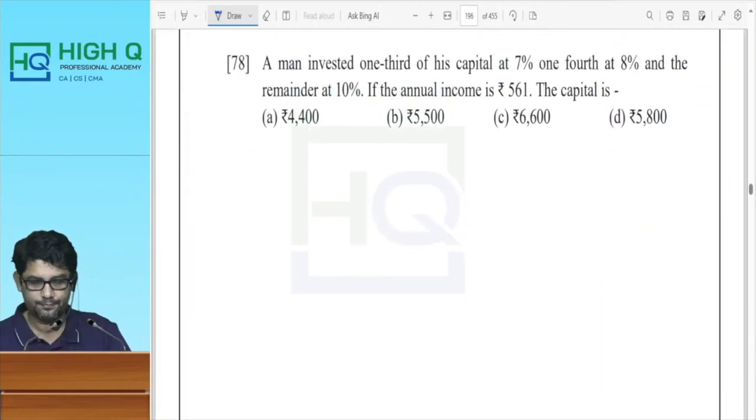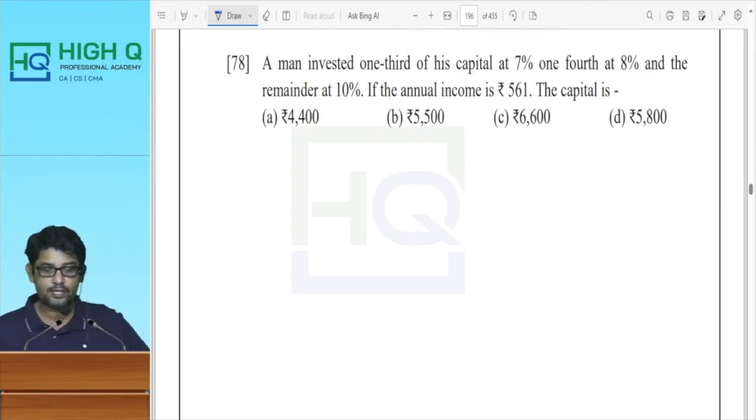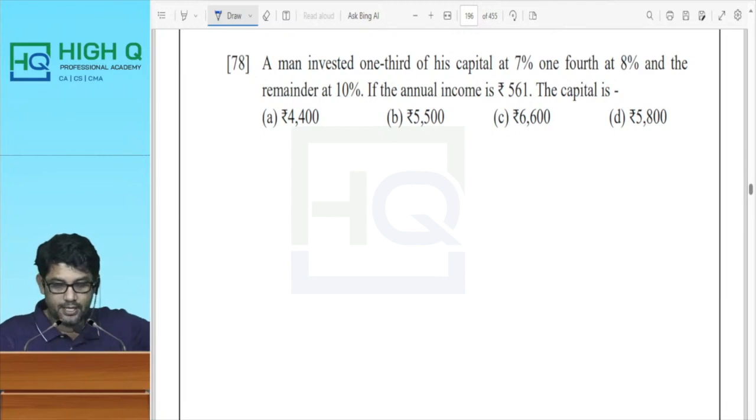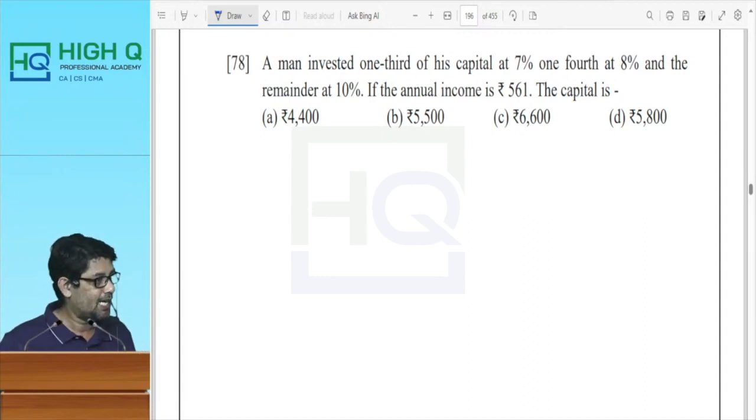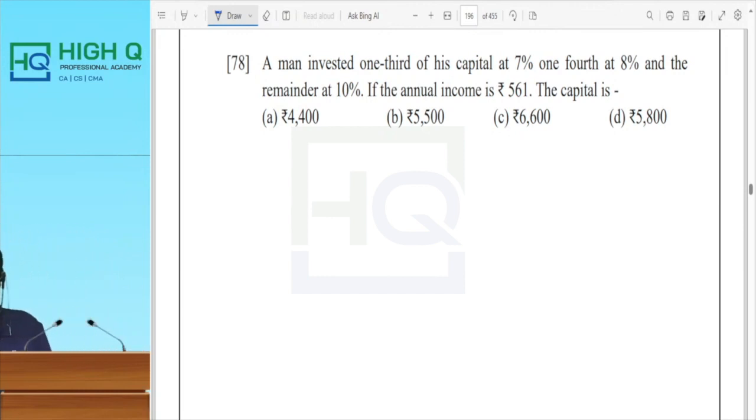A man invested 1/3 of his capital at 7%, 1/4 at 8%, and remainder at 10%. The annual income is 561 rupees. The capital is. Can you please use trial and error method or any method to get the answer, my dear?